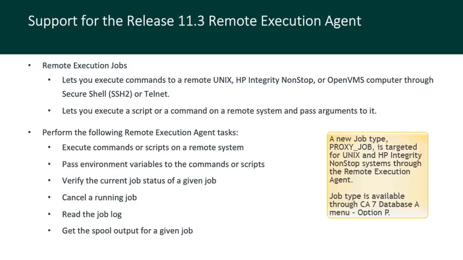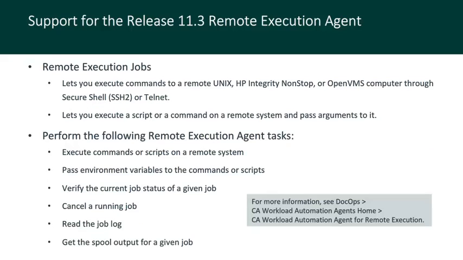The job type is targeted for execution on a Unix or HP Integrity NonStop system through the CA Workload Automation Remote Execution Agent. The CA 7 Database A menu offers a new option, Option P, for this job type. For more information, see the remote execution documentation at docops.ca.com/agents.